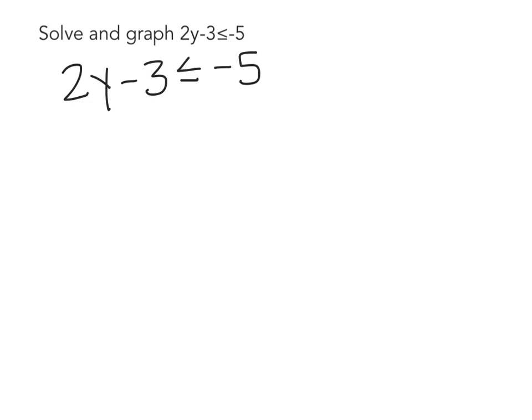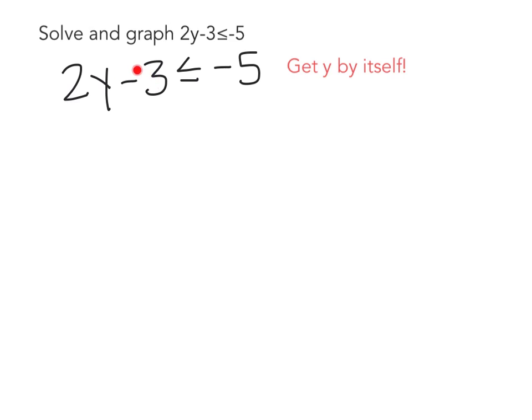Okay, so we know that our main goal is to get y by itself. So in order to do that, we need to work away from the y first, okay? So away from the y means working with the negative 3 or minus 3. And as you know, we cancel out this 3 by using the opposite operation.